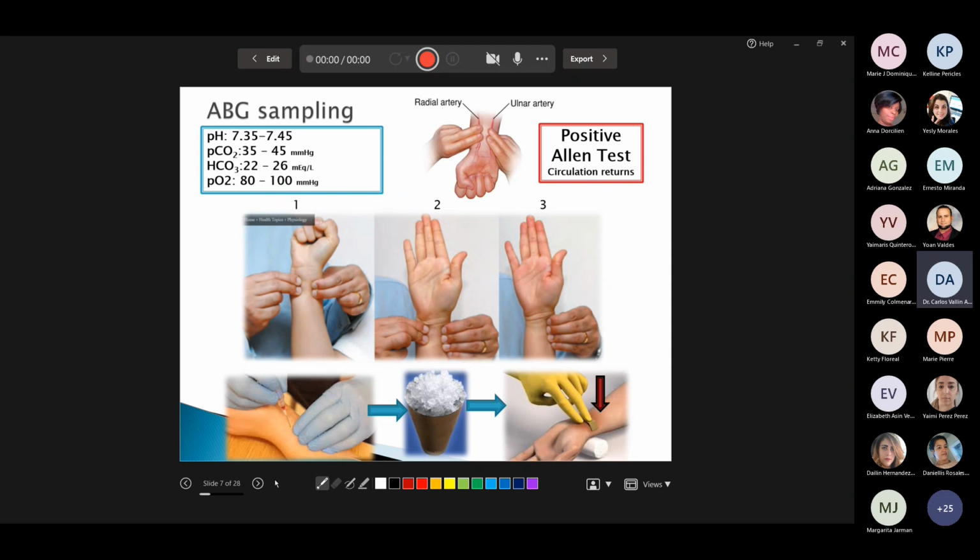Take care because having an O2 saturation of 80% is critical. Having a PO2 of 80 millimeters of mercury is normal. So don't confuse oxygen saturation with the levels of oxygen in ABGs because the values are different.